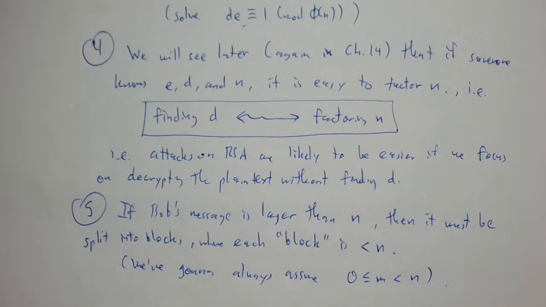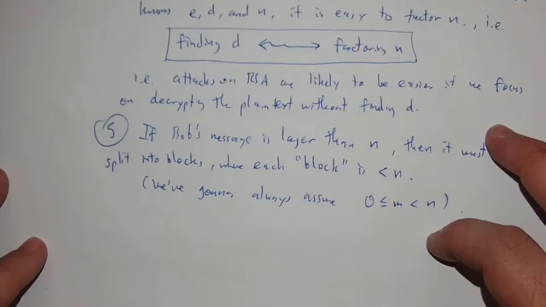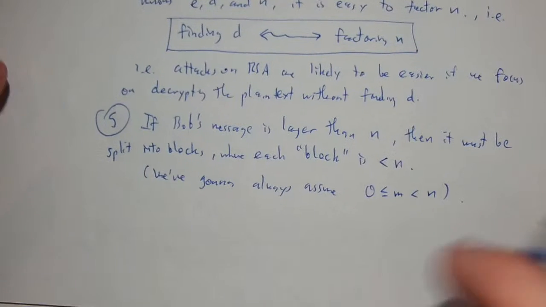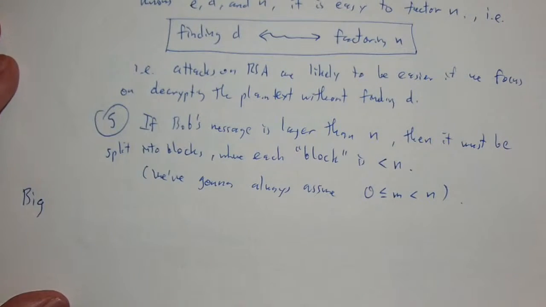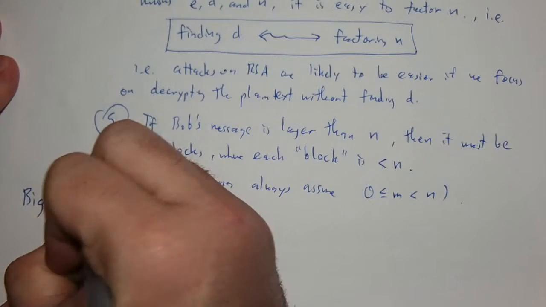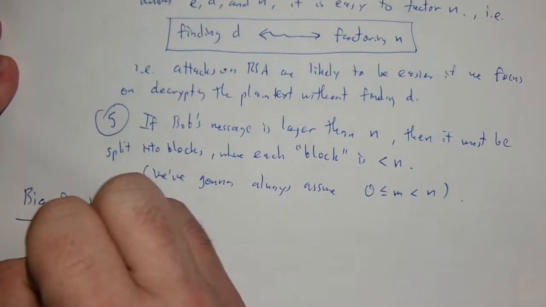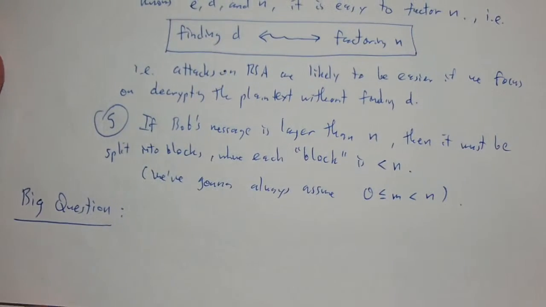Those are the main comments I wanted to make about this process. Now, the big question, as I mentioned: why does this recovery trick work? Why does exponentiating the ciphertext C to this D power that I found actually reverse the encryption?